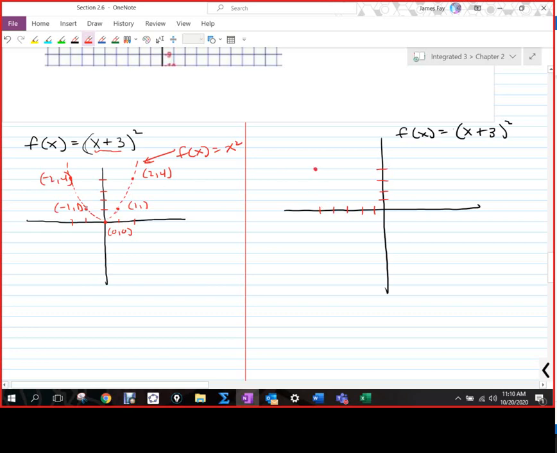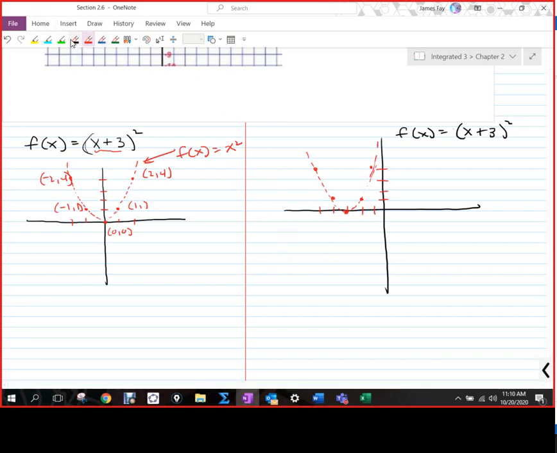Negative 1, 1 is going to go to negative 4, 1. 0, 0 is going to go to negative 3, 0. So all we're doing is subtracting 3 from all of these x values. So 1, 1 is going to go to negative 2, 1. And 2, 4 is going to go to negative 1, 4. And we get that graph. Does that make sense? Okay, so we talked about that last couple days.